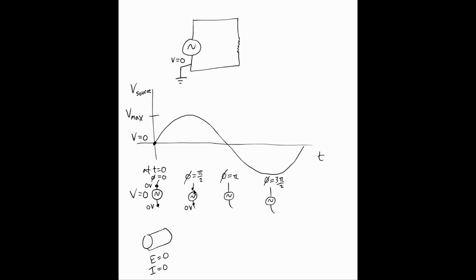But what will happen up here is there will be generated a large positive voltage, V max. Inside the wire, this will cause current to flow clockwise. So there will be a positive field, and there will be a positive current.